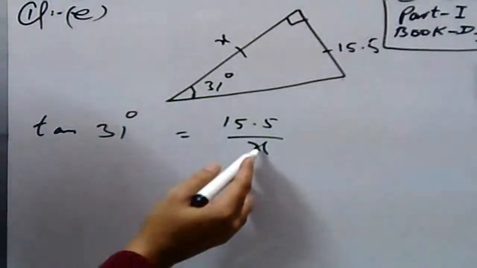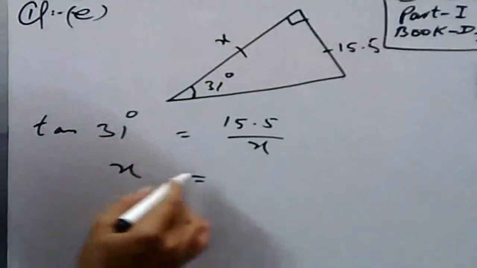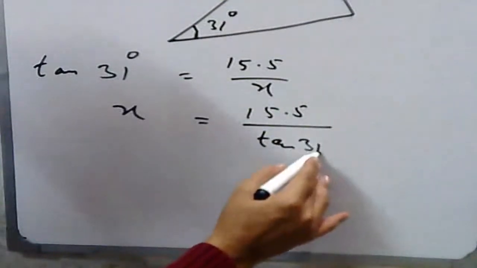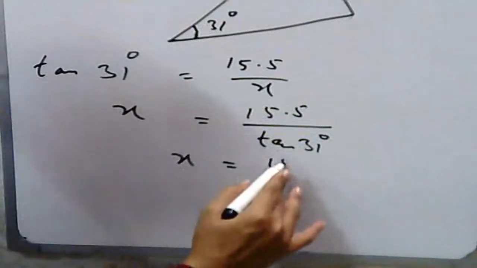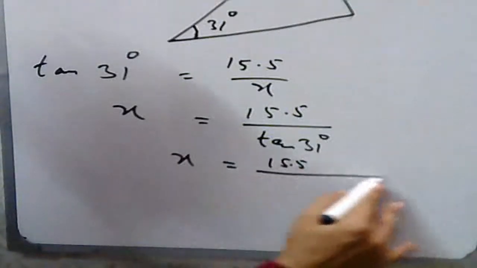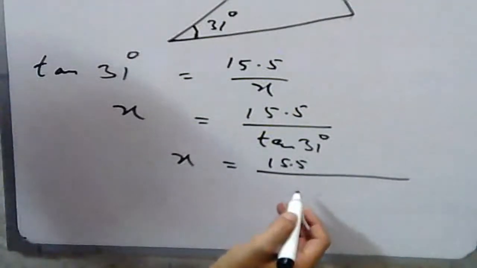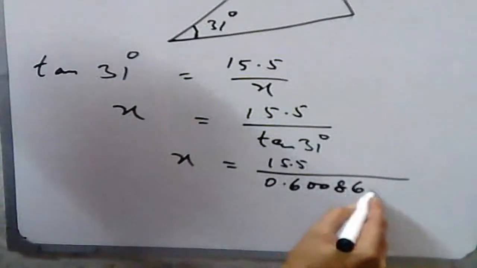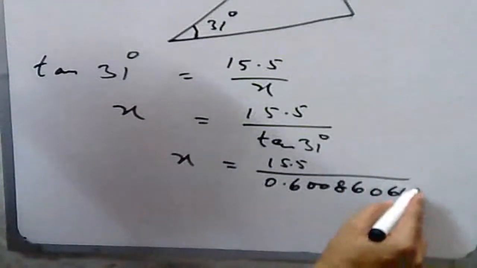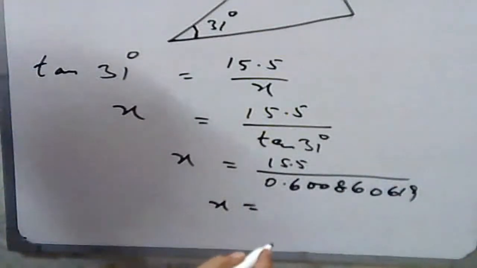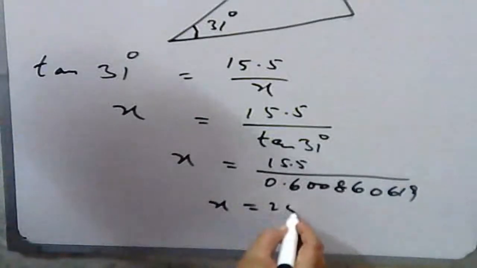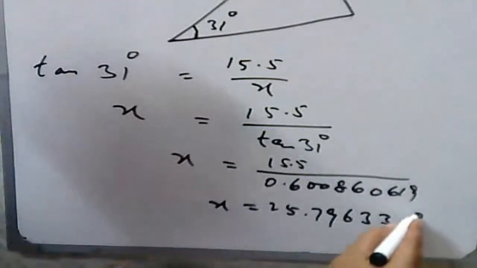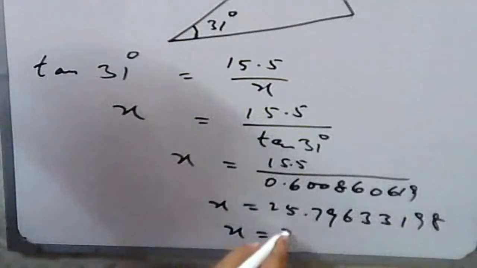By using cross multiplication, you can write the value of x as 15.5 divided by tan 31 degree. So putting the values, 15.5 divided by, what is the value of tan 31? By using calculator you can get 0.6008606 approximately. So the value of x after division is 25.79633198, but we need up to 4 SF, that is 25.8.